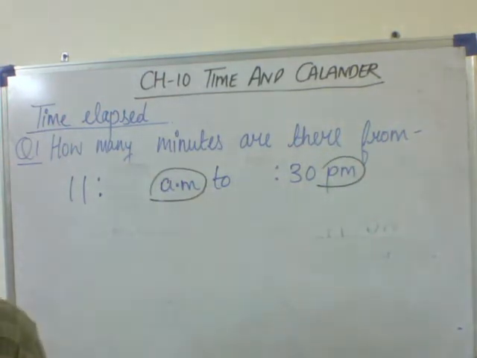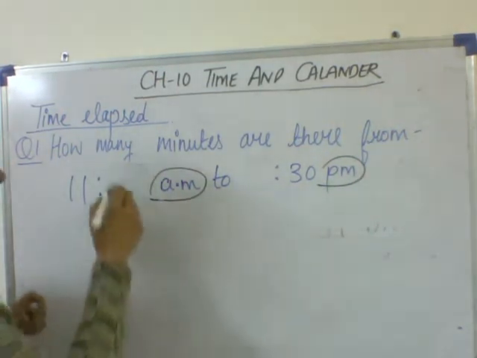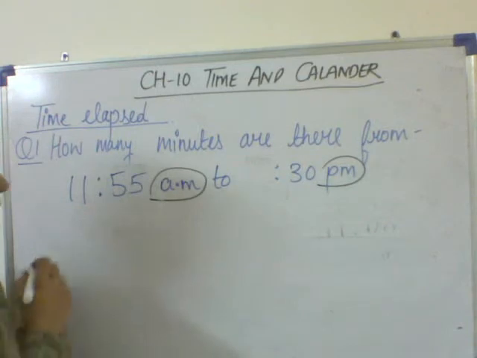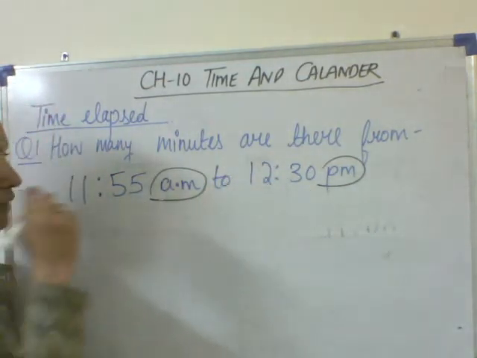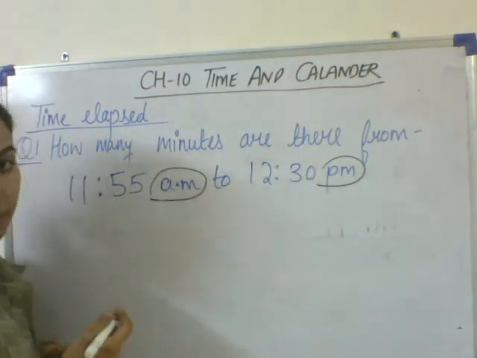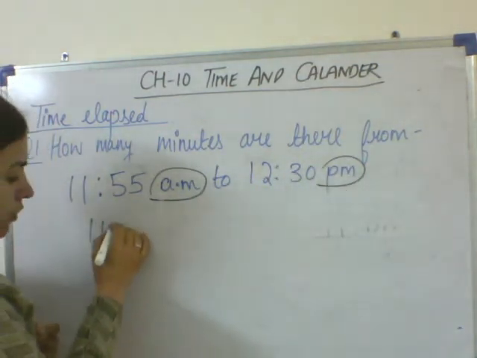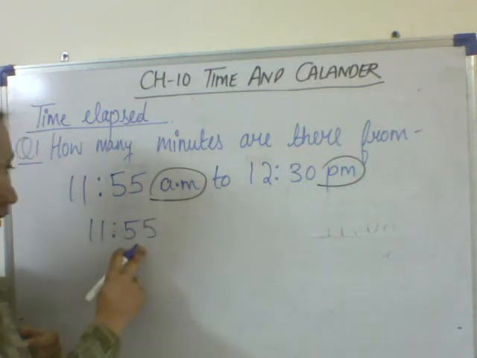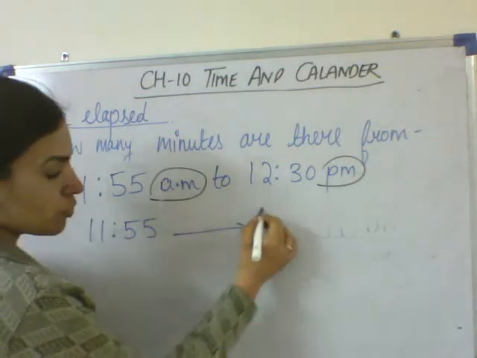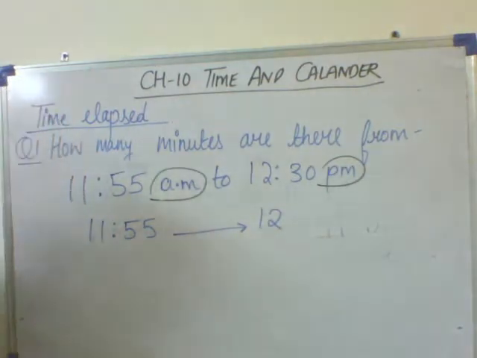In the first clock the timing is 11:55 AM and here it is 12:30 PM. Here you can see AM and here PM. So how will we solve this question? 11:55 to 12 noon.